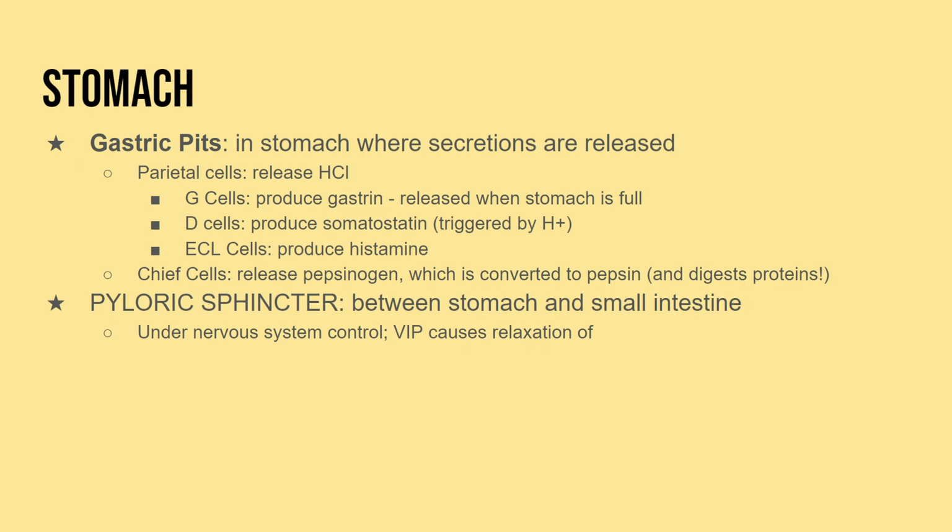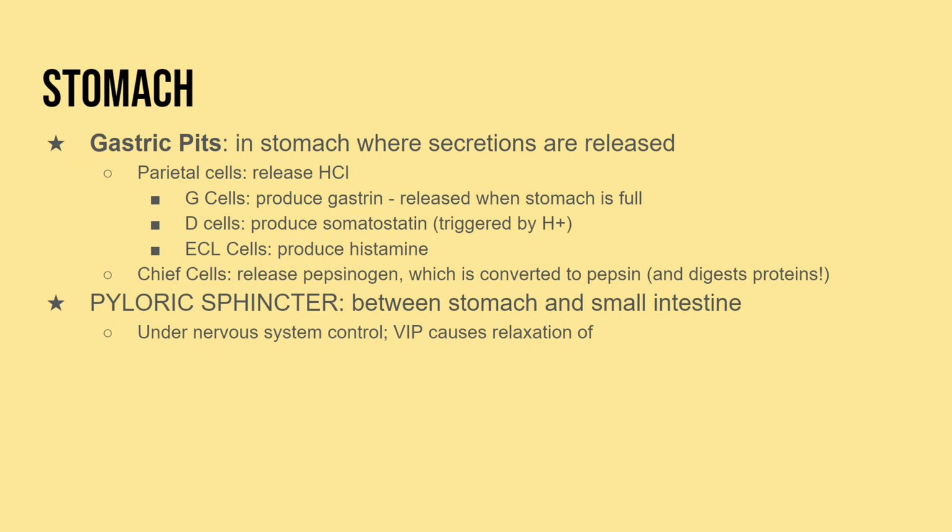Also in the stomach, we have the gastric pits, and this is where the secretions are released. Parietal cells release HCl, and then you also have G, D, and ECL cells that all help regulate the secretion of HCl. G cells produce gastrin, D cells produce somatostatin, and ECL cells produce histamine.